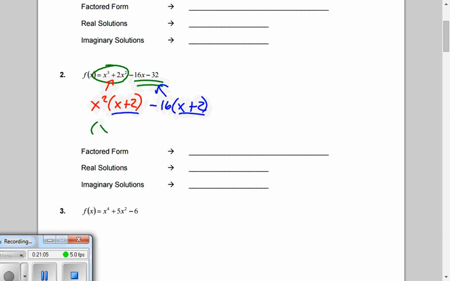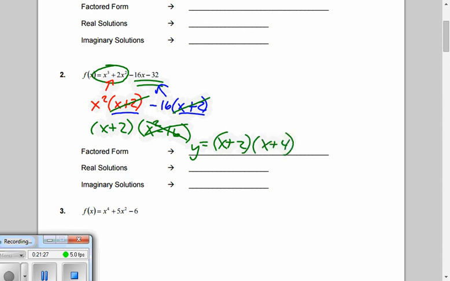X plus 2 goes to the front. And then what's left after I factor out this and this is x squared minus 16. But if you left it that way, you should have factored it further. I bet a lot of you did. This one can factor into x plus 4 and x minus 4. So final answer, y equals x plus 2 and then x plus 4 and x minus 4.